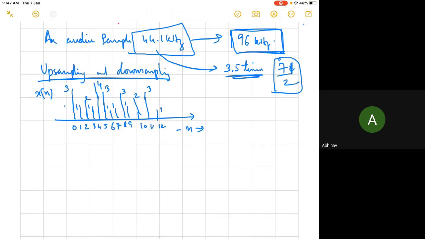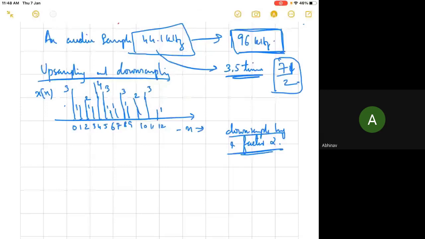When you sample this signal, so suppose you sample this signal at a particular sampling rate. Suppose you want to downsample this, downsample by a factor of 2. What does that mean? You have some sampling rate.